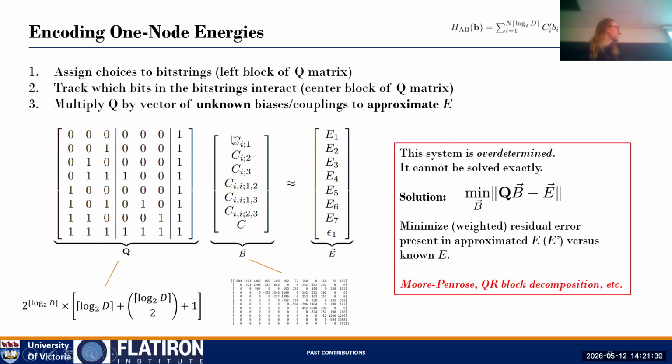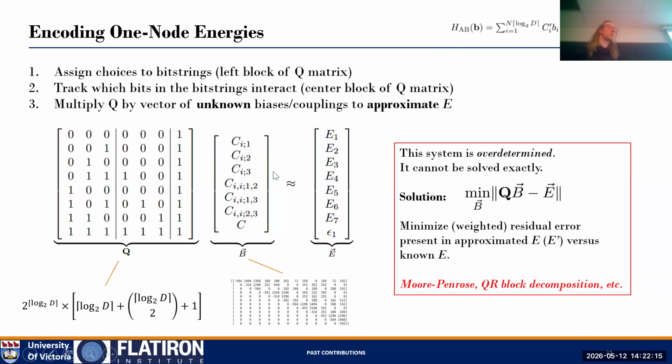More specifically, what that looks like is this. So we set up a matrix where the left-hand block lists the bit strings that we've assigned to each of our variable choices. The middle block tracks which bits in these bit strings interact by logical AND. And then we have an additional column here of ones, which we then multiply by a constant factor of the QUBO. We have our list of pre-computed one-body energies and our list of QUBO coefficients.